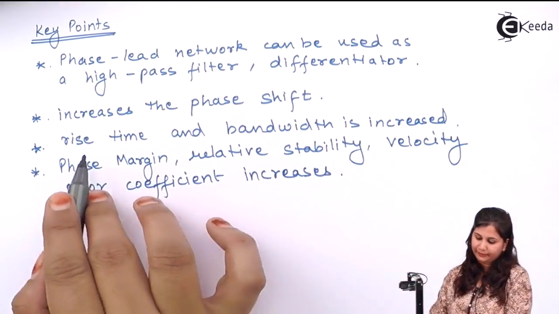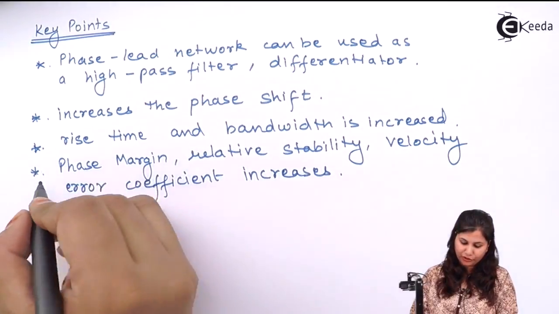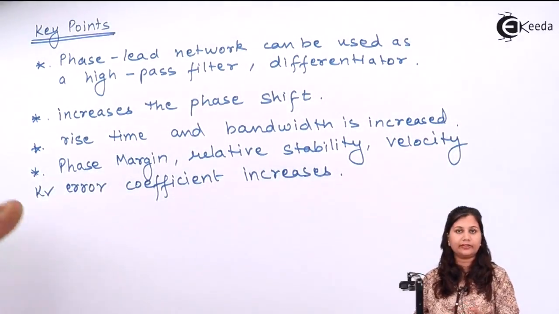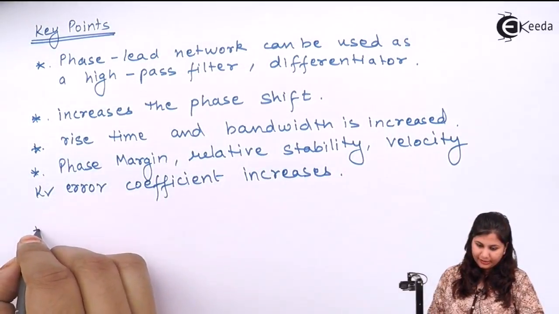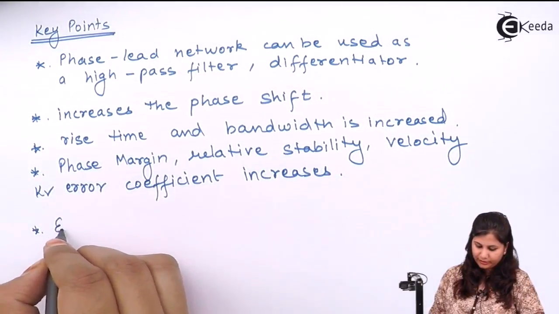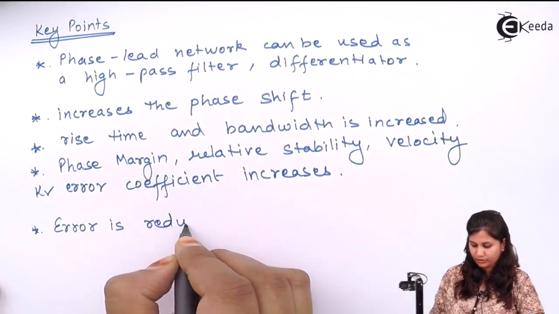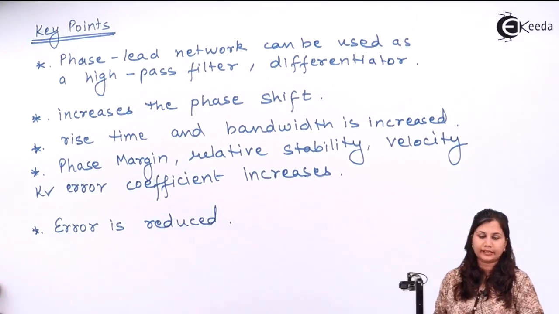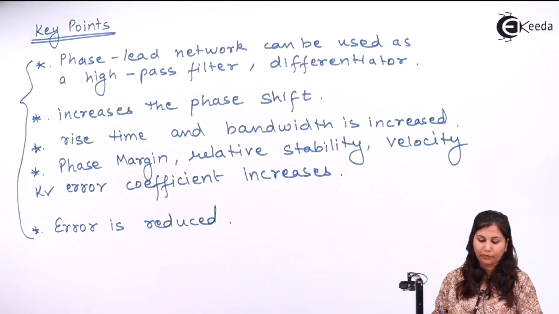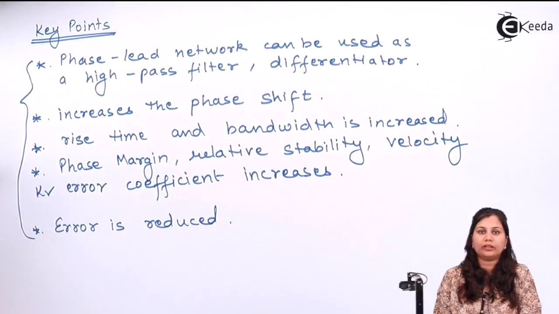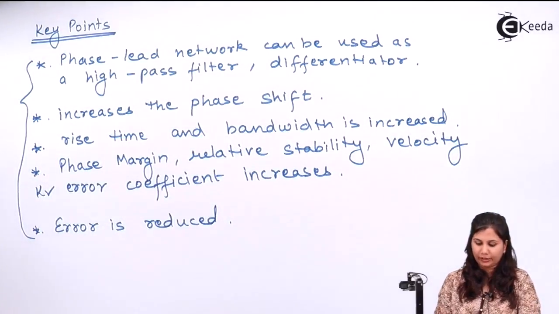Okay, so rise time, bandwidth, phase margin, relative stability, the velocity error coefficient Kv, all are increased due to the phase lead network. Whereas the error is reduced due to the phase lead network. Okay, so these are some of the key points or some of the effects of the phase lead network when it is connected in the system as a compensating network.